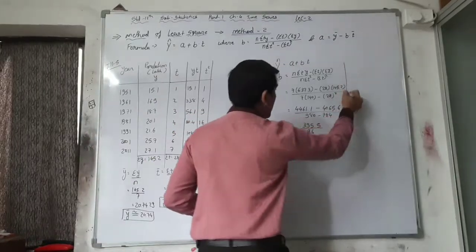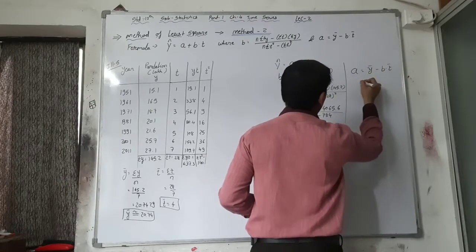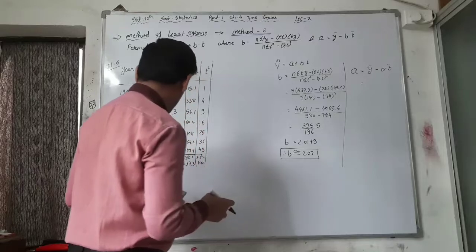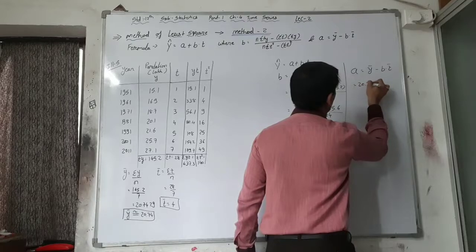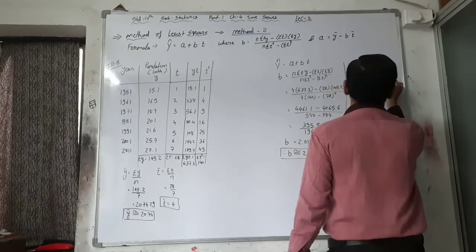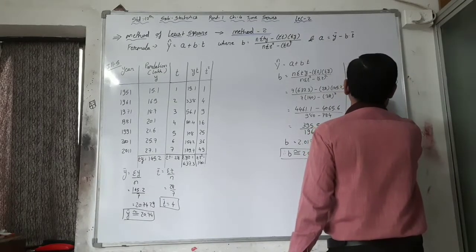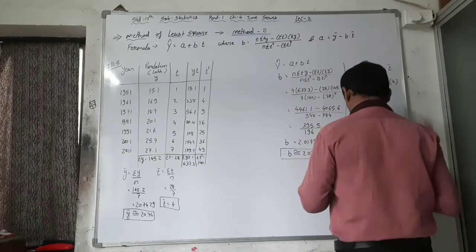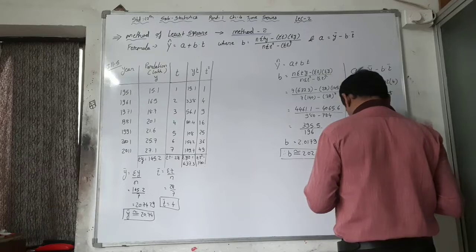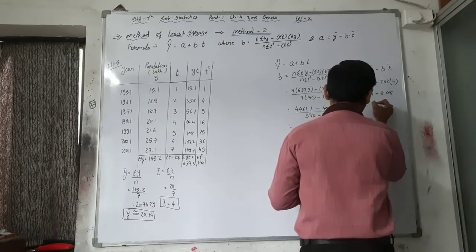Now find out A. A is equal to y bar minus b into t bar. What is y bar first of all? Here 20.74 minus b is equal to 2.02 into t bar is equal to 4. 20.74 minus 8.08 is 12.66.